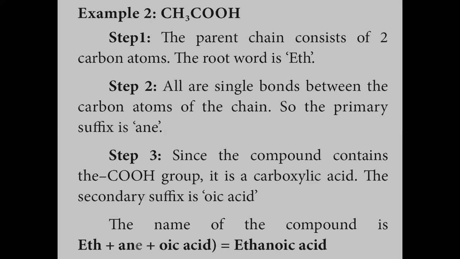So we use OIC. 2 carbon atoms are present, that is eth. Eth, suffix word is ANE and functional group is present, so OIC acid is used. The primary and secondary suffixes are joined, we remove the E. So the name is ethanoic acid.